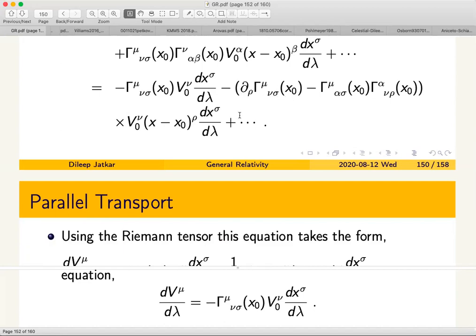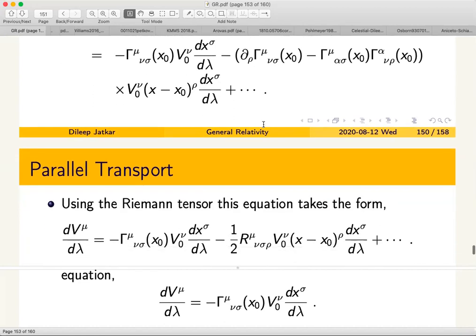While you are doing that, you will of course get a rho and sigma swap here also. It may appear that this may spoil the relation, but that's not true, because rho and sigma are dummy indices and you can call them whatever you want. So in principle they could have been swapped and you get this expression. The upshot is that this quantity is just half the Riemann tensor.